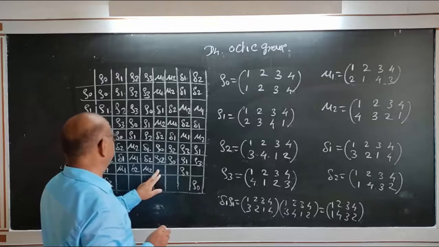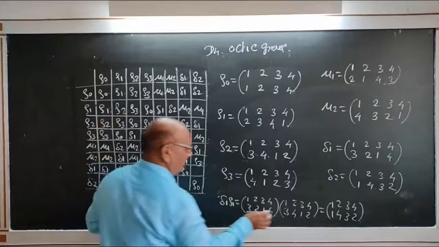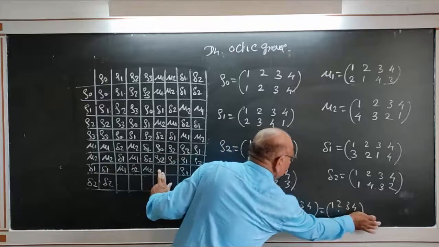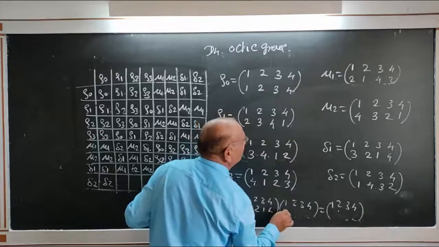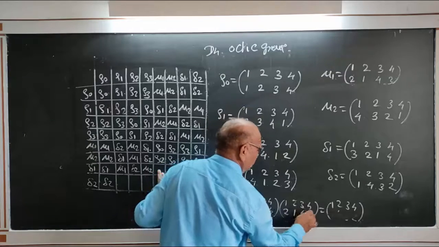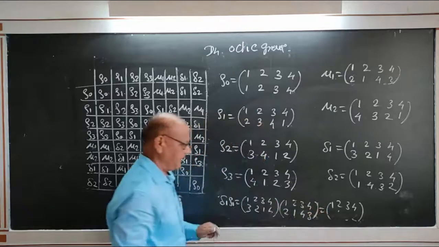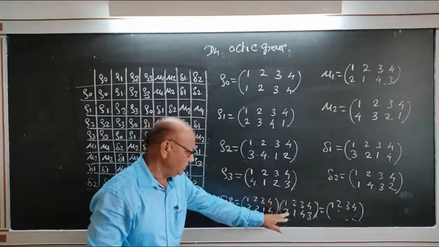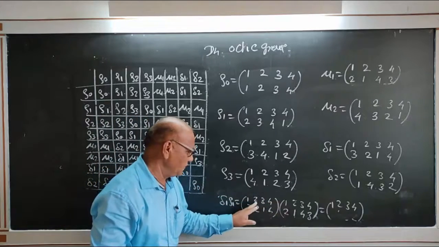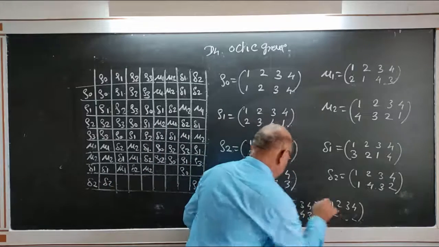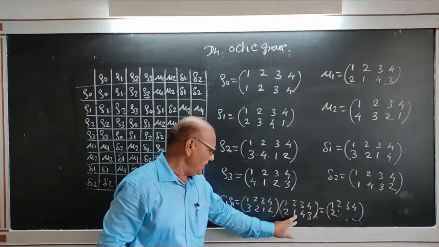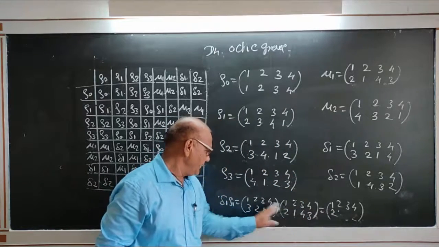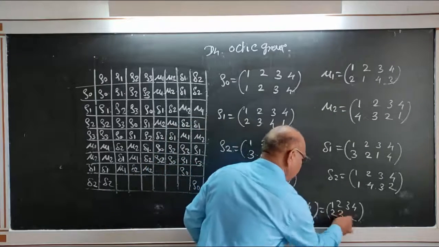Rho delta 1 into mu 1. Delta 1 into mu 1 is 2, 1, 4, 3. Okay. 1 goes to 2. Here 2 goes to 2. Here 2 goes to 1. Here 1 goes to 3.